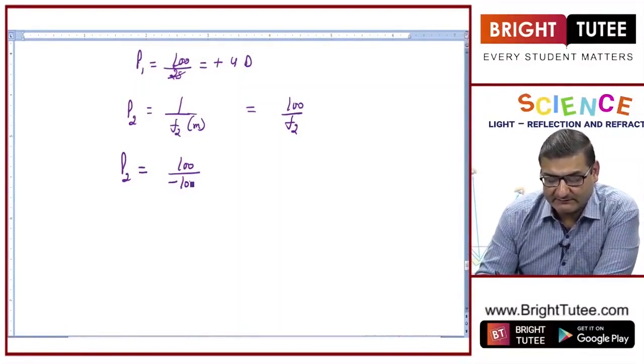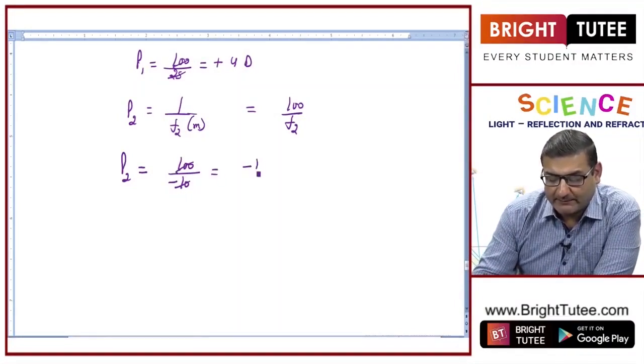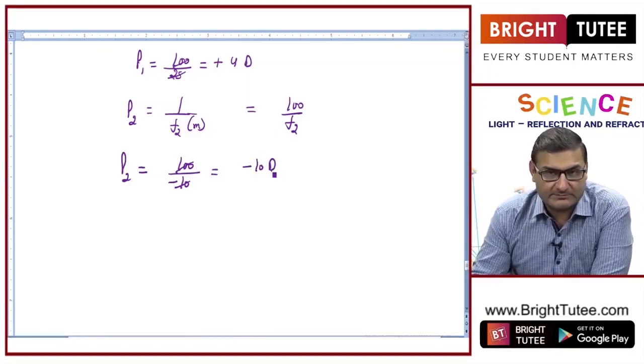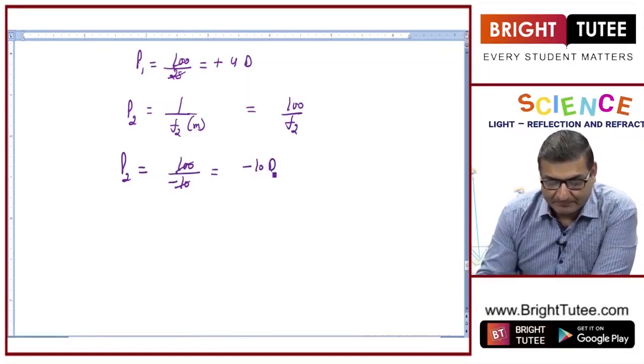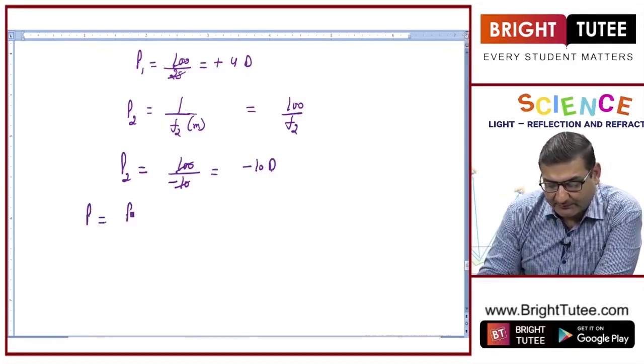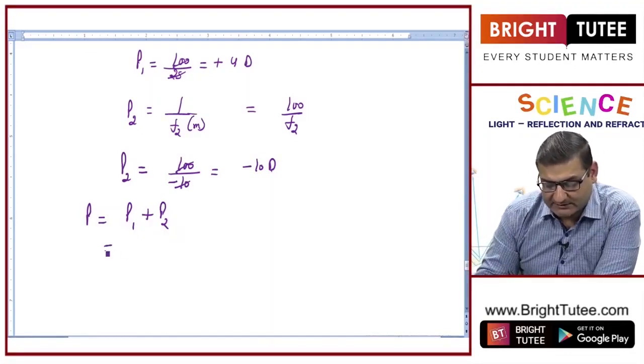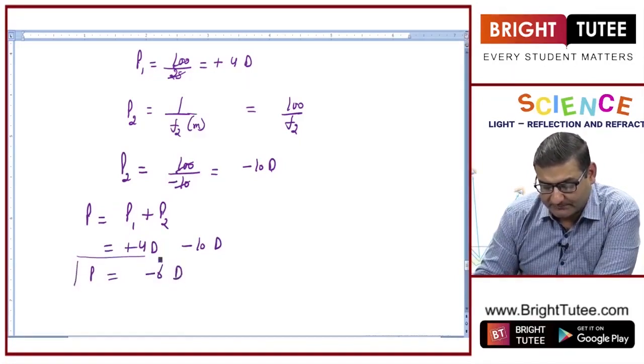The minus sign was given, so this comes out to be minus 10 diopters because it is a concave lens. Now the total power will be the sum of the individual powers. The first lens power was plus 4 diopters and the second lens is minus 10 diopters. The combination comes out to be minus 6 diopters.